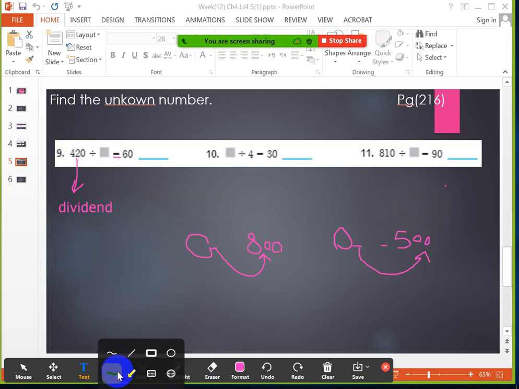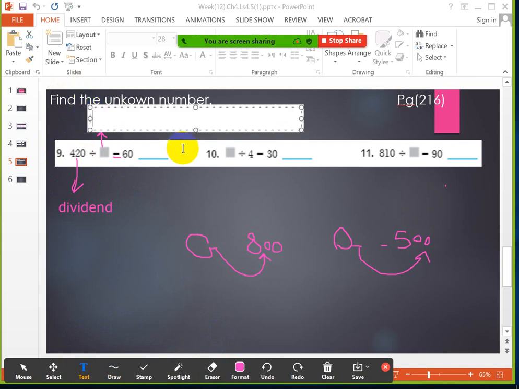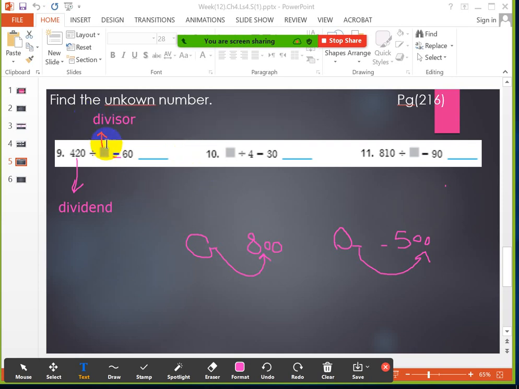The number that I will divide the dividend by, we name it what? You remember? Who will tell me? Very good. The first number is dividend and the second is divisor. Very good, Lana. Divisor. The small number that I want to divide the big number by, we name it divisor.